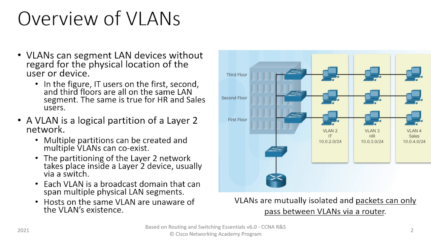So the main idea behind VLANs, the main thing that we get out of using VLANs, is our ability to create networks that are physically spanning across different spaces. Say, for example, if we look at the diagram here, we have a building of 3 floors, and at each floor we have a switch, and then all those switches are aggregated to another switch and then to a router.